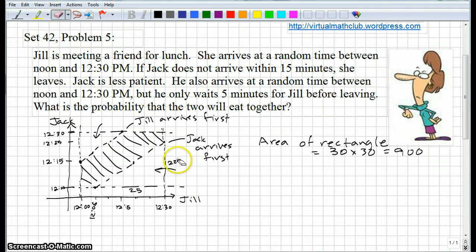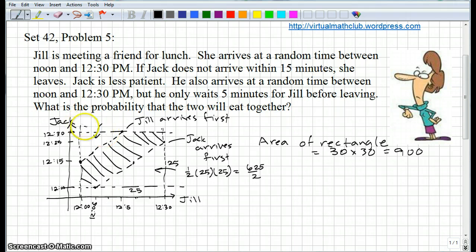So it's just 1/2 base times height. We know the height and we know the base, so this area here is just equal to 1/2 base, which is 25, and height, which is 25. And when we do that, it's 625 halves. I'm just going to keep it like that for now.